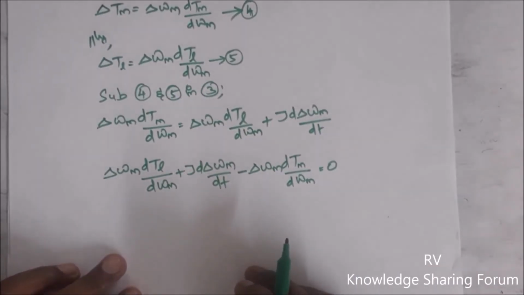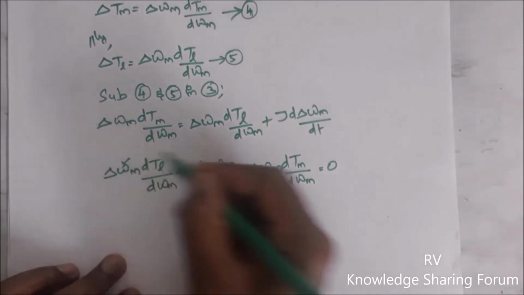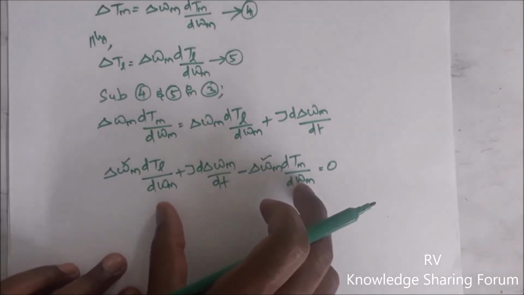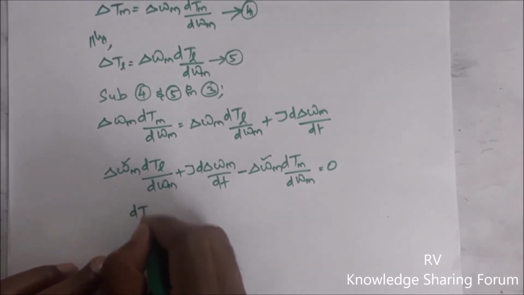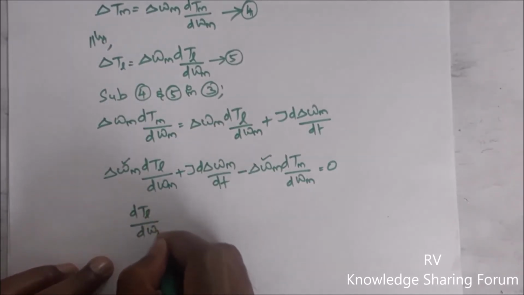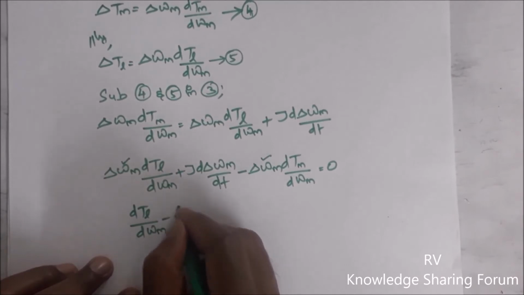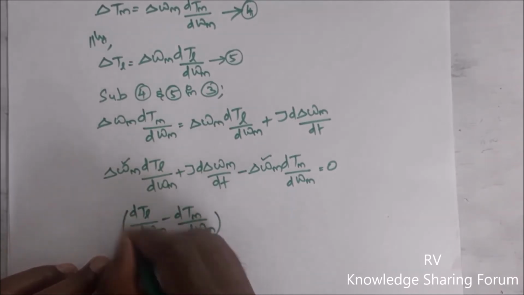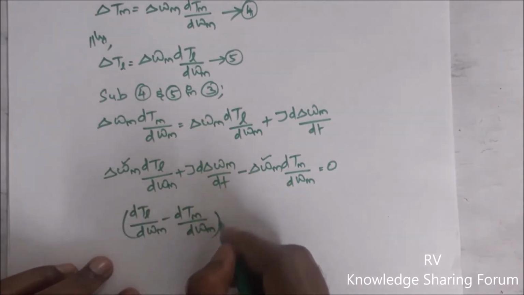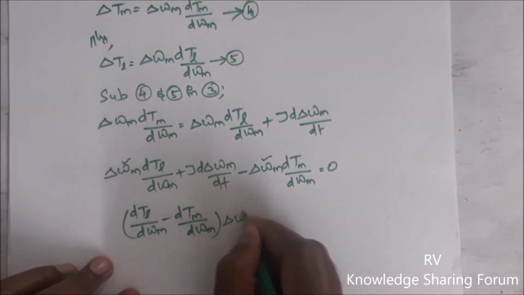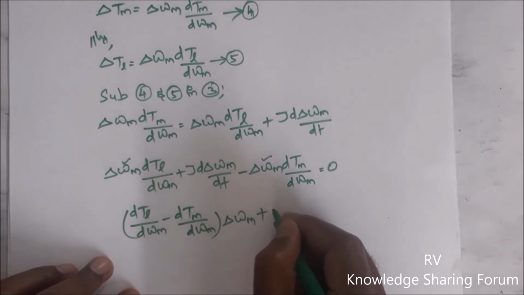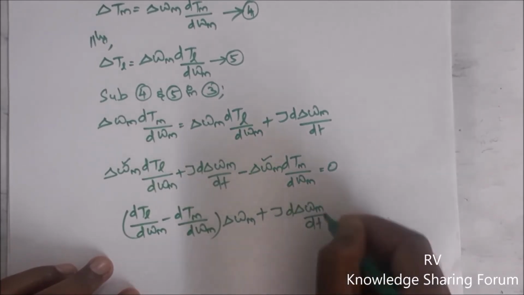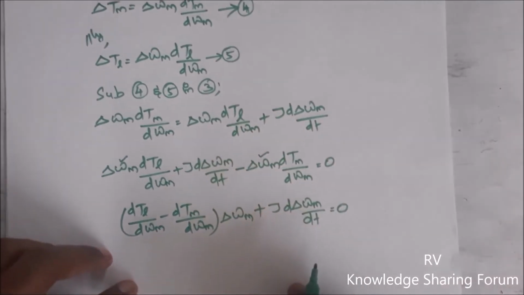Now take delta omega m as a common term from these two terms. So dTL by d omega m minus dTm by d omega m, taking delta omega m as common, plus J d delta omega m by dt, which is equal to 0.